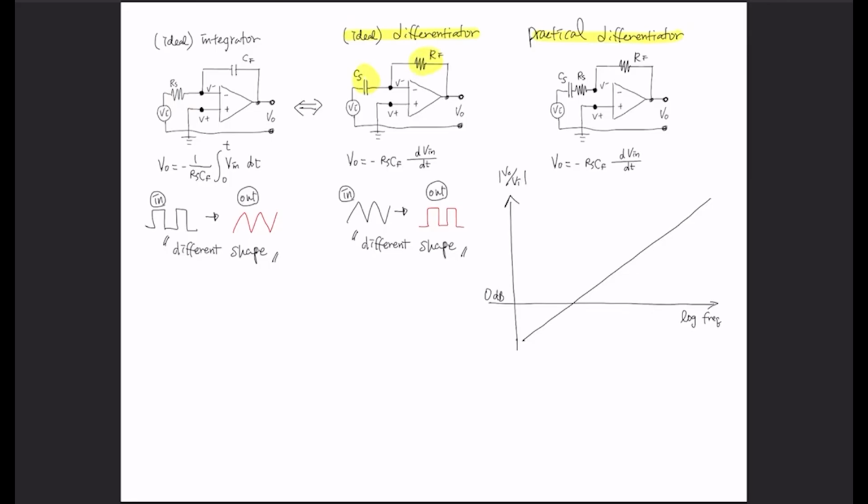So from here, you'll see your input signal is being integrated, and if that integrated signal goes in as your input, you're going to see a differentiated output. Again, we expect a different shape between your input and the output.